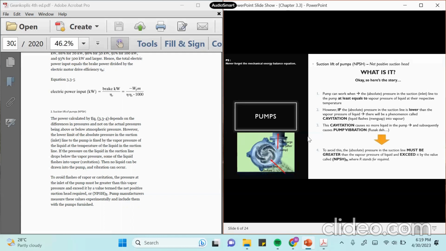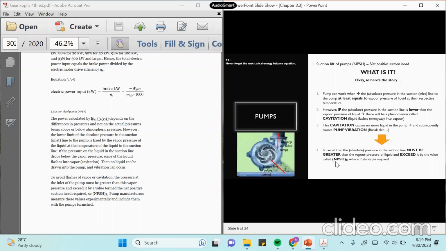Now, to avoid these two, cavitation and pump vibration, the absolute pressure in the suction line must be greater than the vapor pressure of the liquid and exceed it by a value called NPSH, where R stands for required.